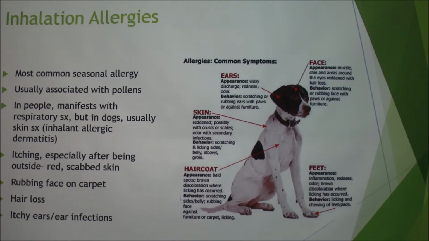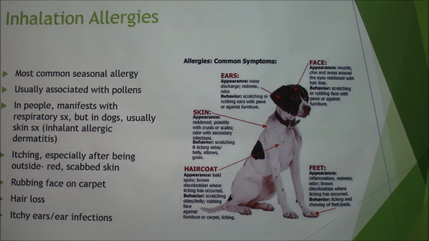So inhalation allergies are the most common seasonal allergy, usually associated with different kinds of pollens. In people, if you have a seasonal allergy, you usually get respiratory symptoms, you sneeze, runny nose, stuff like that. But in dogs, it usually manifests with skin symptoms.